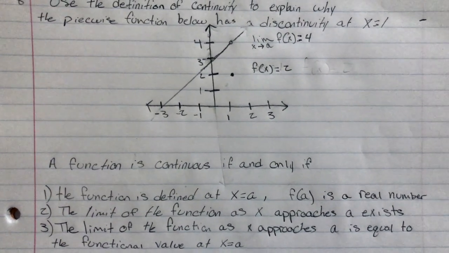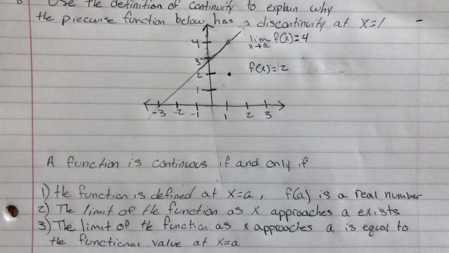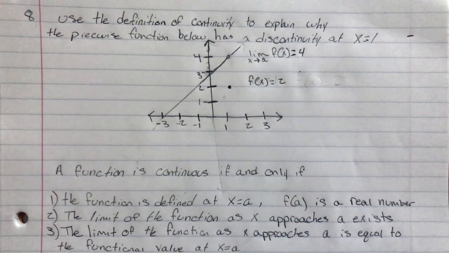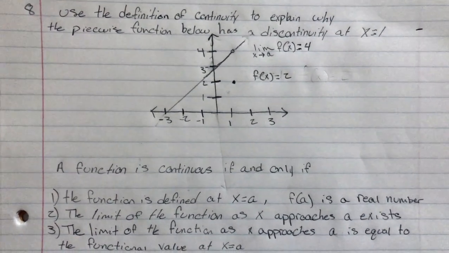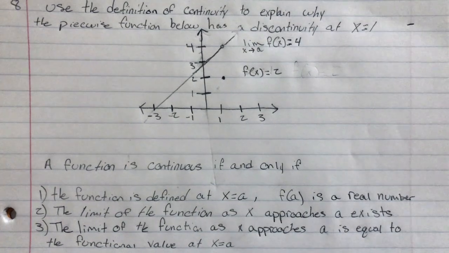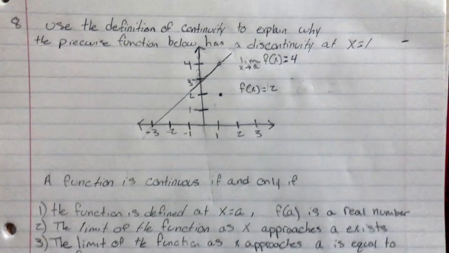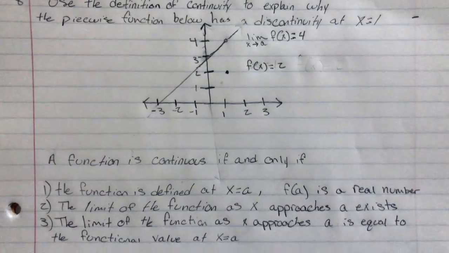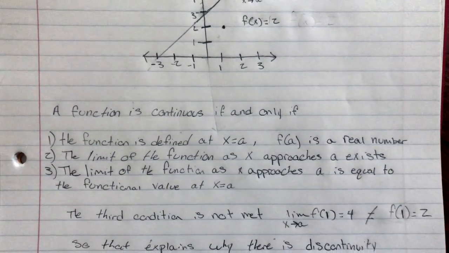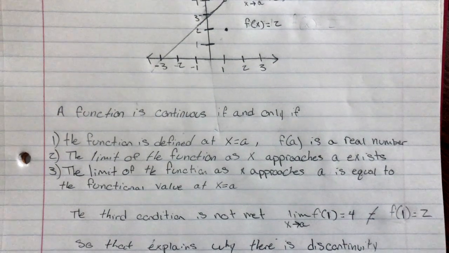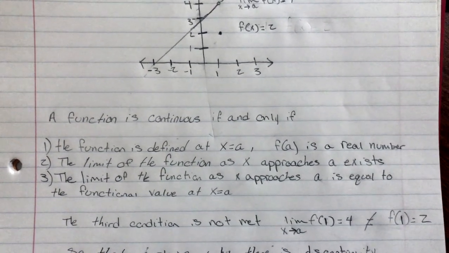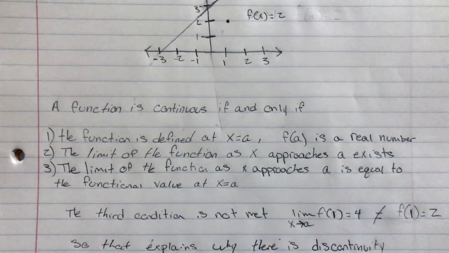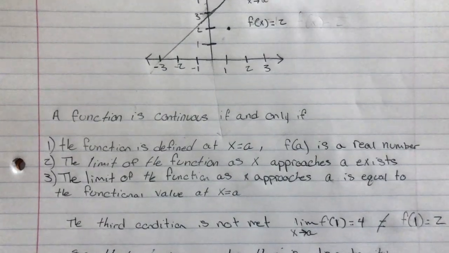So you cannot just write down the definition of continuity and expect to get full credit. This is what I messed up on. I just wrote down the definition. You must explain, as the question asks, why this proves discontinuity. And we can say that the third condition is not met. So the limit of f of x as x approaches 1 equals 4, and that does not equal f of 1.